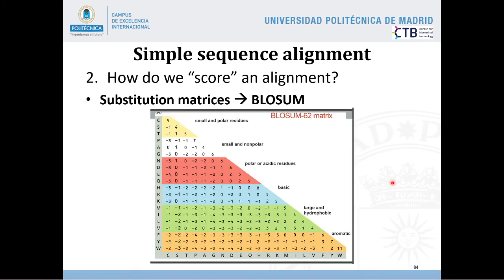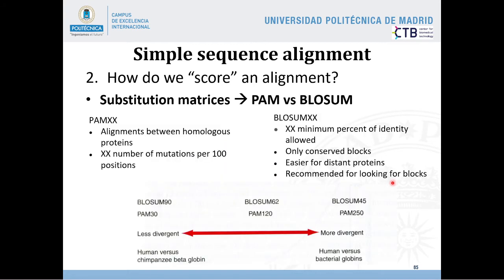Here is another one that is BLOSUM. Just for you to know that when we are measuring the alignment, those scores are obtained somehow, but you don't have to really know much about this.